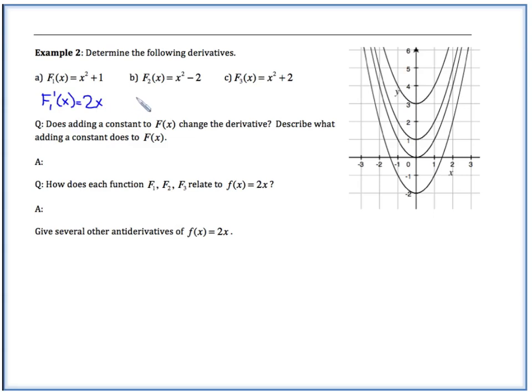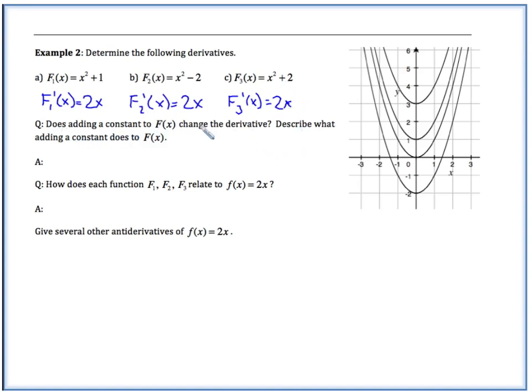And then for letter B, we would have f2 prime of x equals, well, 2x. Because the constant here, the derivative of the constant is 0. And here, f3 prime of x would equal 2x. And again, plus 0 because of our constant.